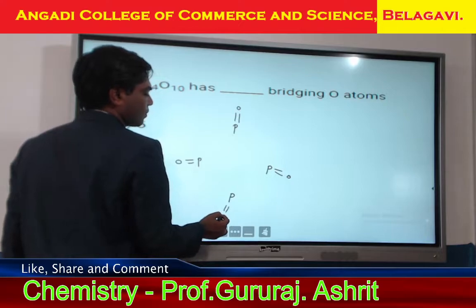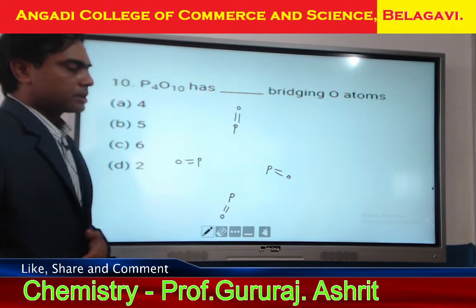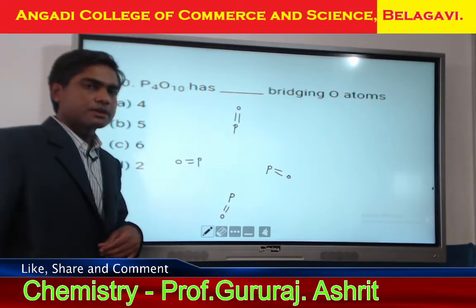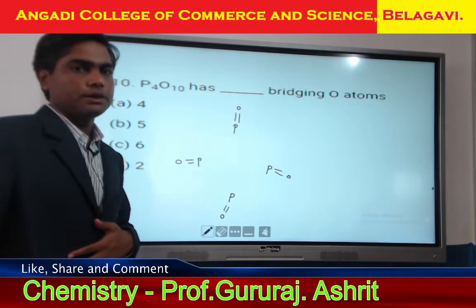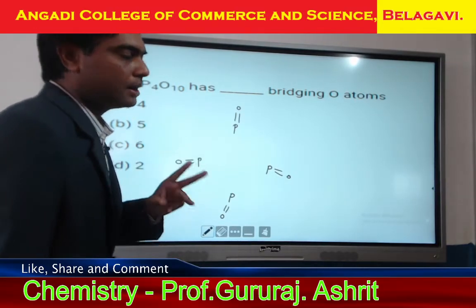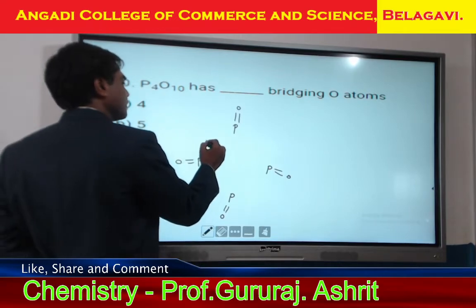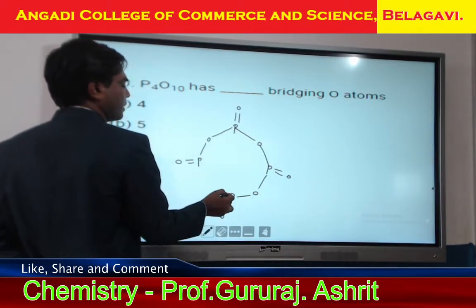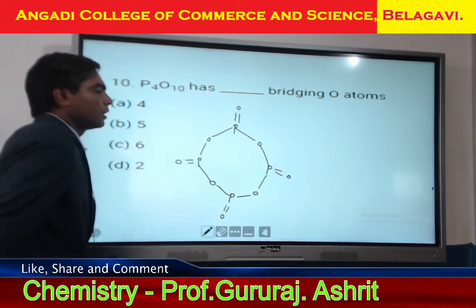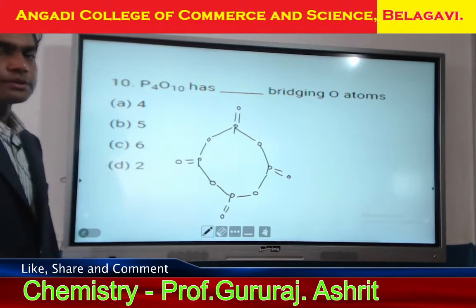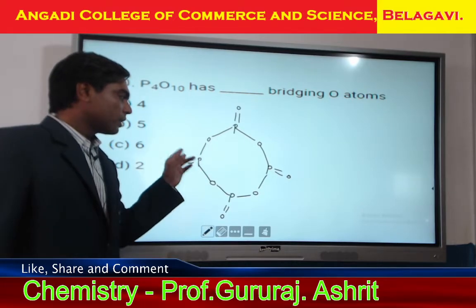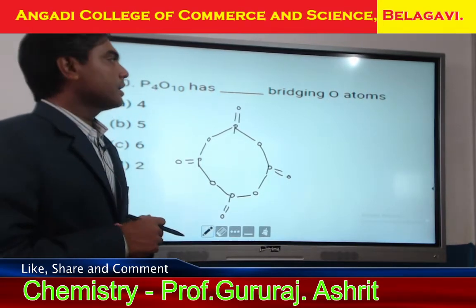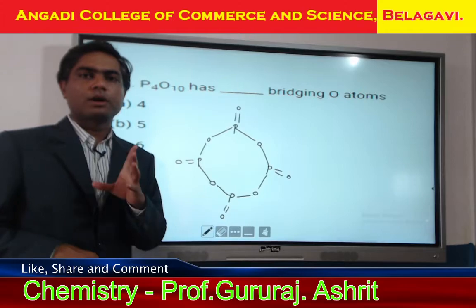Now 4 phosphorus and 4 oxygens are used, 2 electrons are used. Now I am left with 3 electrons of phosphorus. So I will make it as O-P, O-P, O-P and O-P here. Now again I used 4 oxygens and 4 electrons of phosphorus. Now I am left with 2 oxygens and 1 electron.